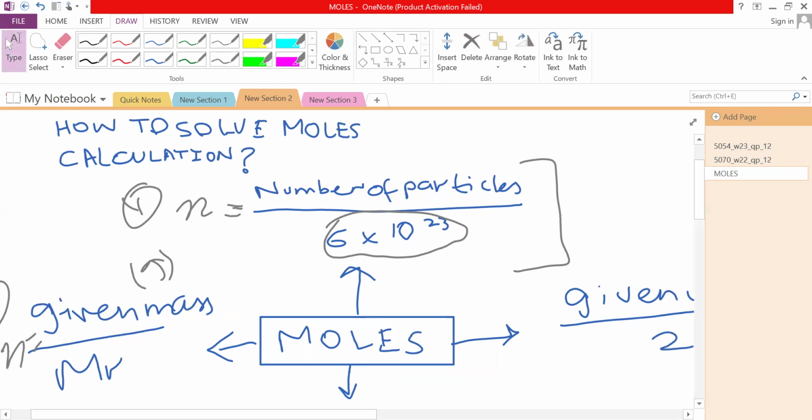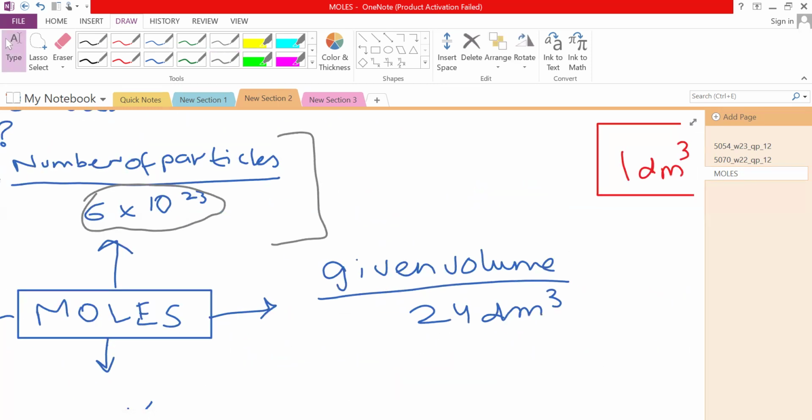Then we have the third formula, which is given volume divided by 24 dm3. Firstly, you should know that at room temperature, 1 mole of any gas equals 24 dm3.